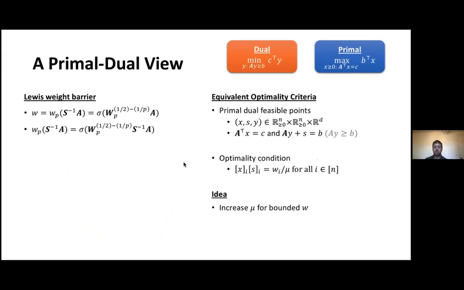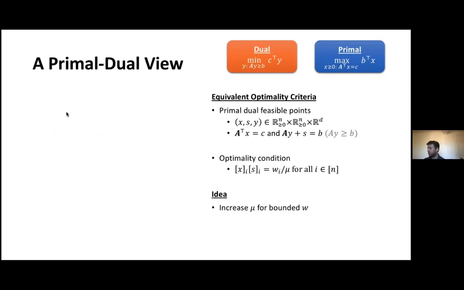Let's think about what in primal dual space this Lewis weight barrier corresponds to. So suppose we have our primal dual set of points. The weights that correspond to the Lewis weight barrier we discussed are given by the LP Lewis weights of the constraint matrix weighted by S inverse.